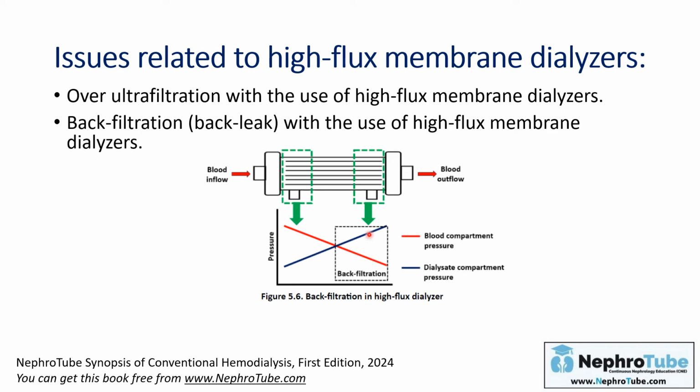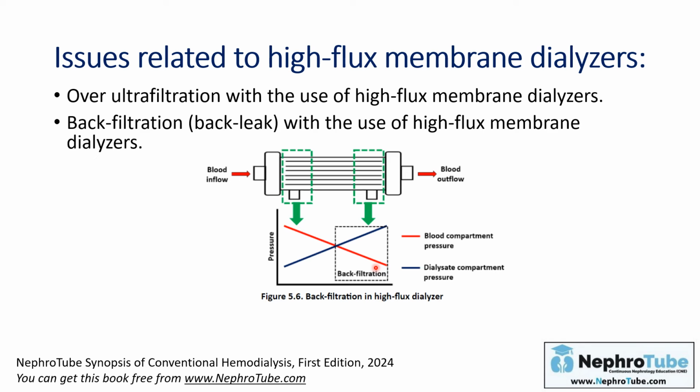So we'll find that the dialysate compartment pressure will be high. So at the end of the filter, as the dialysate compartment is higher than the blood compartment, this may cause a possibility of back filtration or back leak of water from the dialysate to the blood compartment, secondary to increased pressure in the dialysate part.